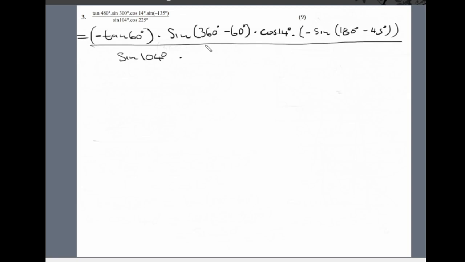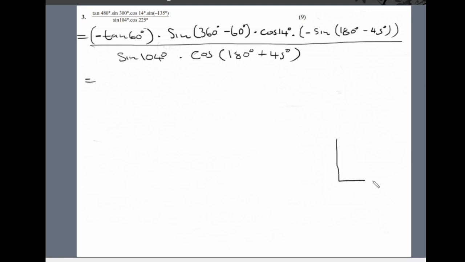So 225 is in the third quadrant, so it's 180 plus some angle. If we get 225 minus 180, it's 45. So cos 225 is the same as saying cos of 180 plus 45 degrees, right? And then we have special angles, right?